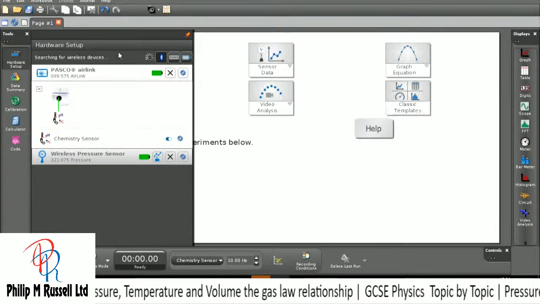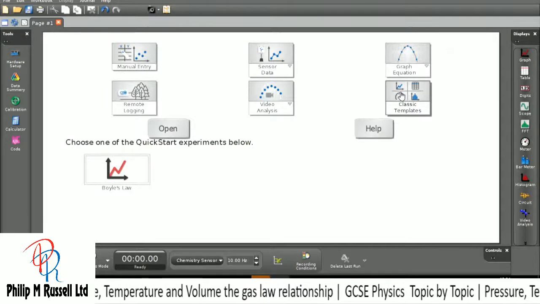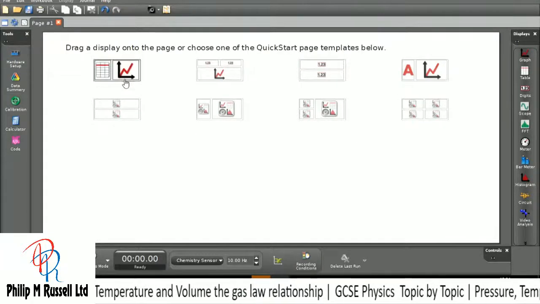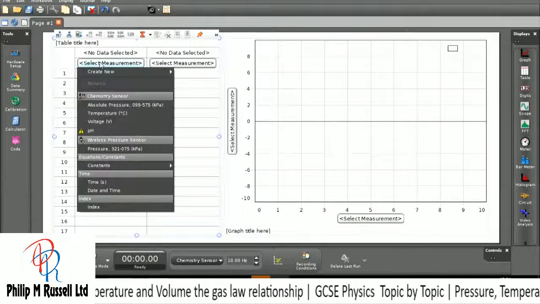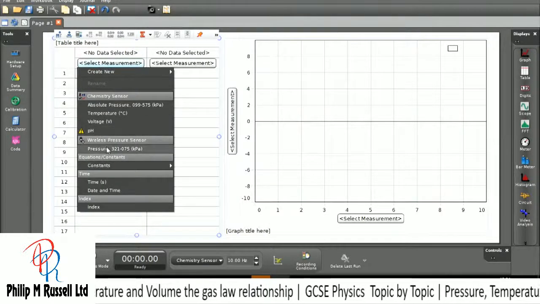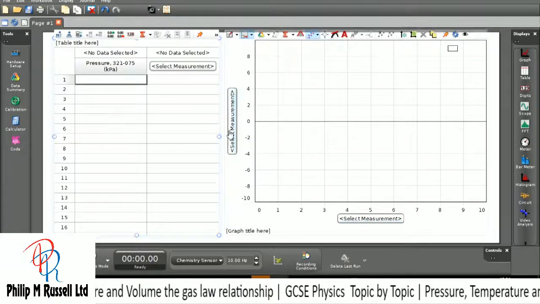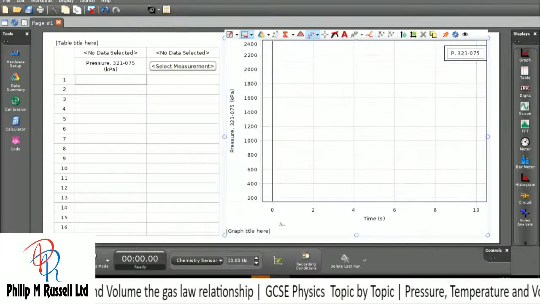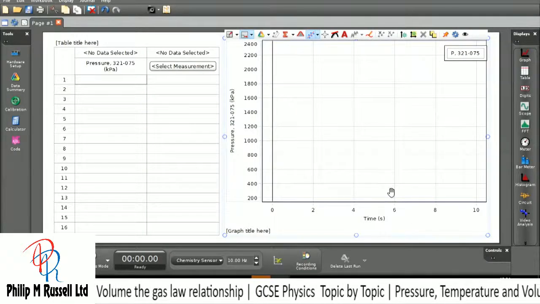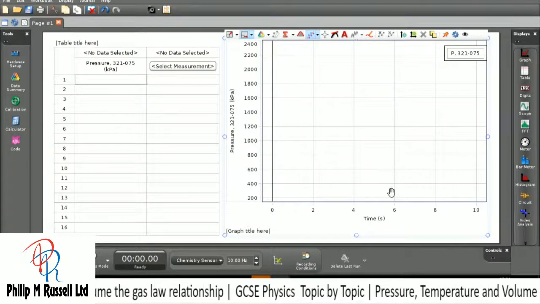Now, what I'm going to do with my wireless pressure sensor is, let's just call up a graph we can record here, just the pressure. And we'll leave it like that because I'm going to have a look at a different experiment.